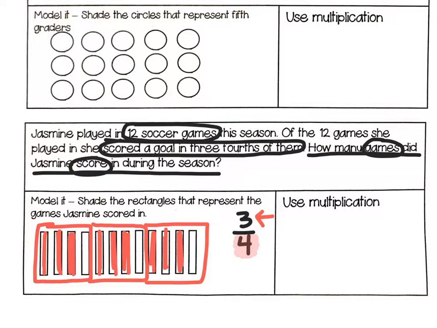So let's count how many rectangles I shaded in all. Here I shaded 1, 2, 3, 4, 5, 6, 7, 8, 9. So 9 games. In 9 games, Jasmine scored a goal.